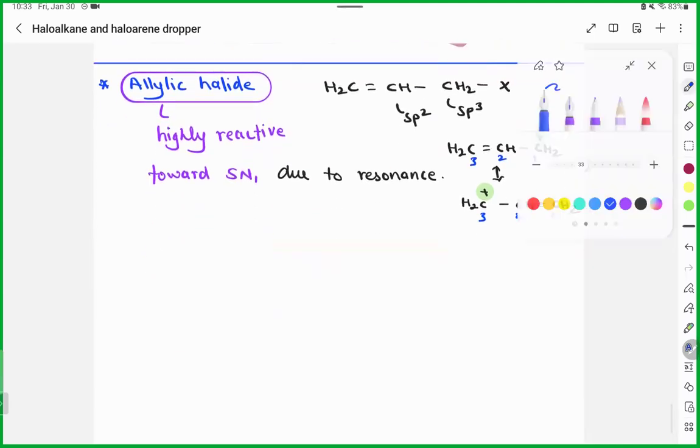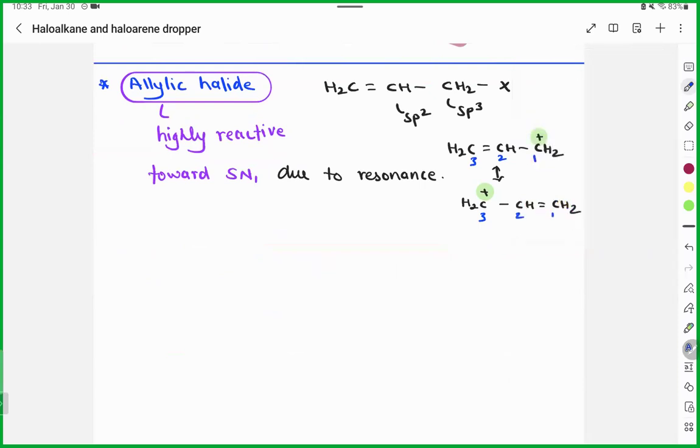Rayan, can we say in the same manner that benzylic halide will be highly stable? Yes, it is. Why? Here you have two resonating structures, but in benzylic halide you have five resonating structures. Correct? Ar means benzene ring, CH2 halogen.